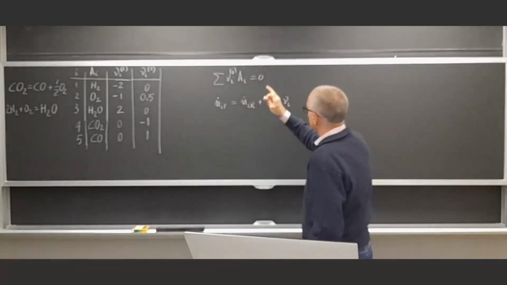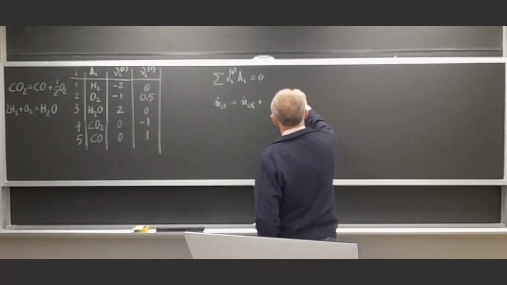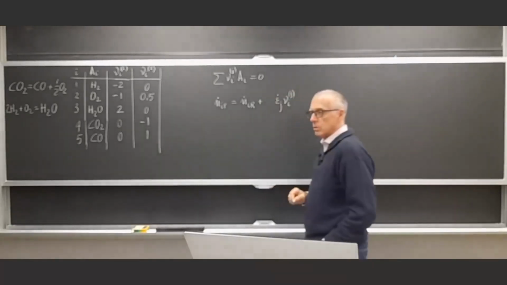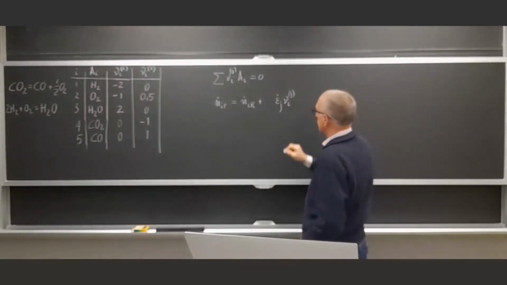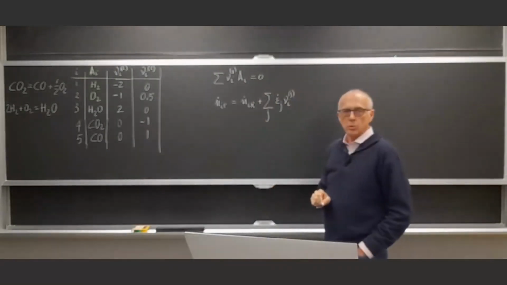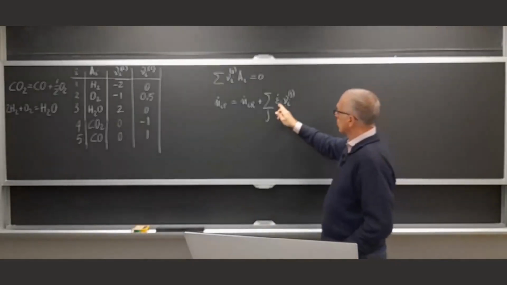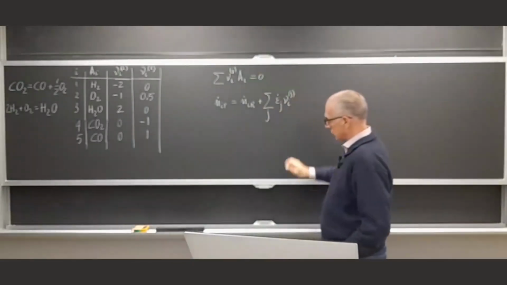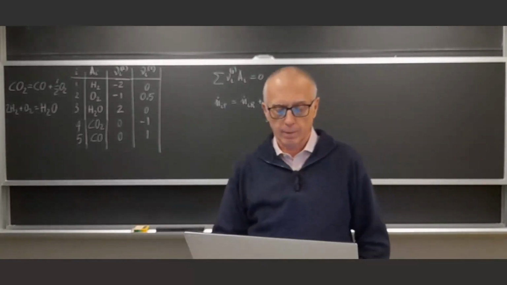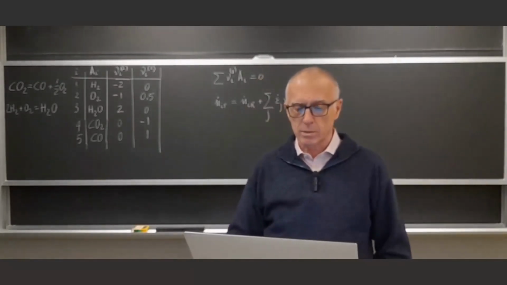But if I have several reactions, then each one has its own reaction coordinate, and I have to sum up the contribution to the change of the various reactions in play.